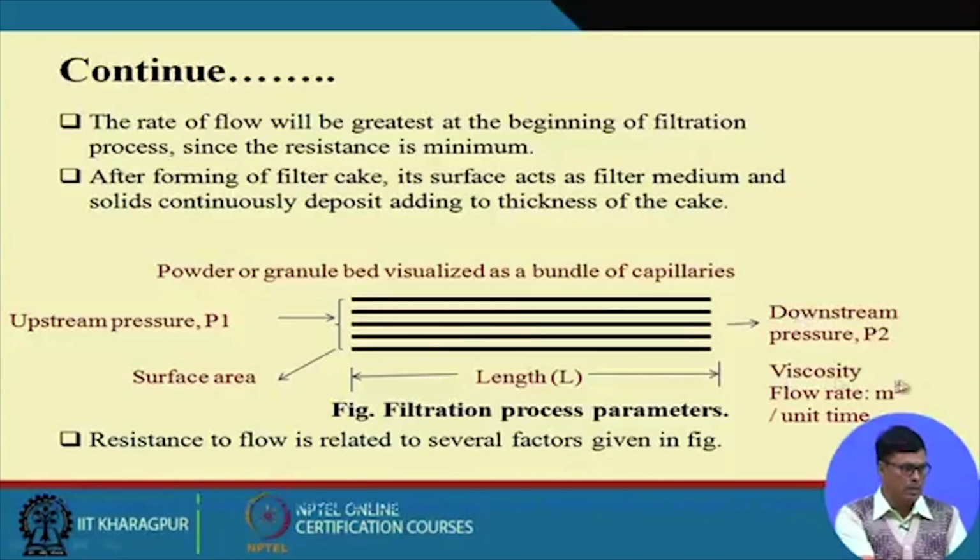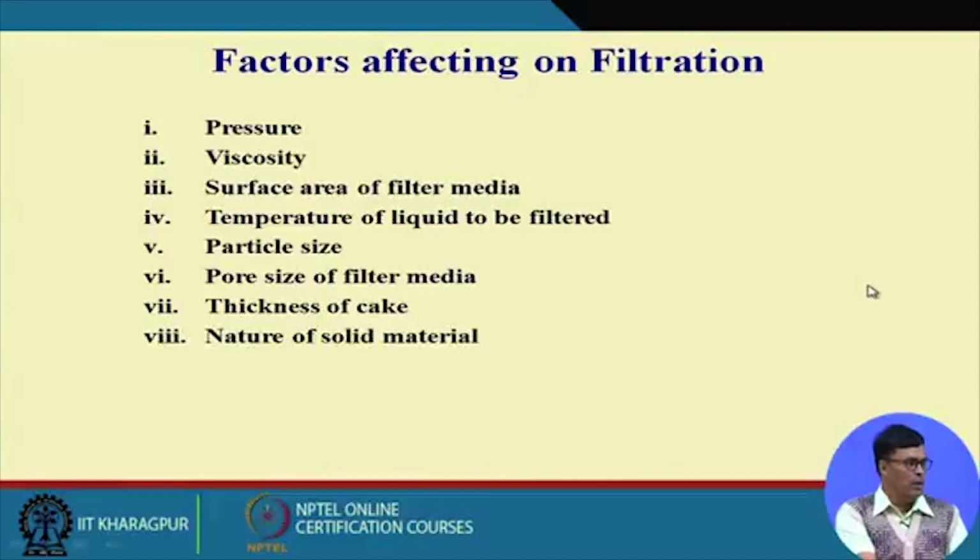These are the different factors that we have. It depends on surface area, upstream processing, upstream pressure, downstream pressure, viscosity, flow, everything. The factors affecting filtration are pressure, viscosity, surface area, temperature of the liquid to be filtered, the particle size, pore size of the filter media, thickness of the cake, and nature of the solid media.